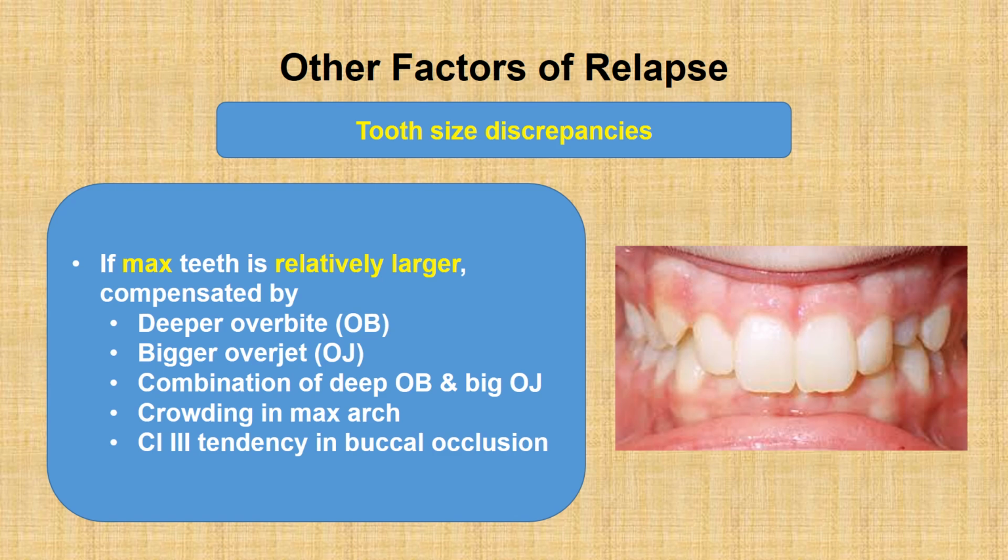Now, if the maxillary teeth are relatively larger, this is usually compensated by a deeper overbite, a bigger overjet, or a combination of deep overbite and big overjet. There will be crowding in the maxillary arch, and there is a class 3 tendency in the buccal occlusion.